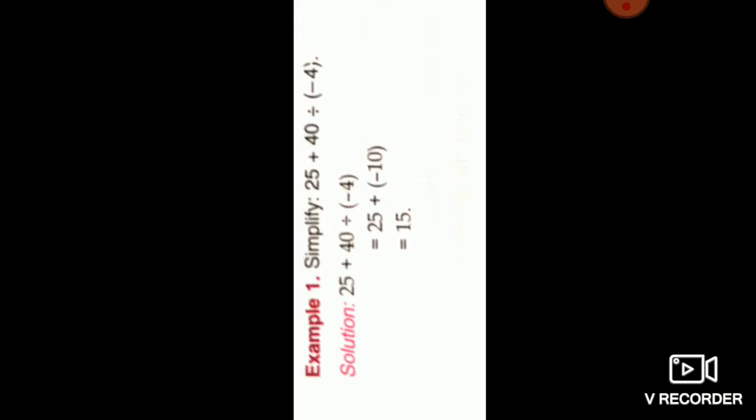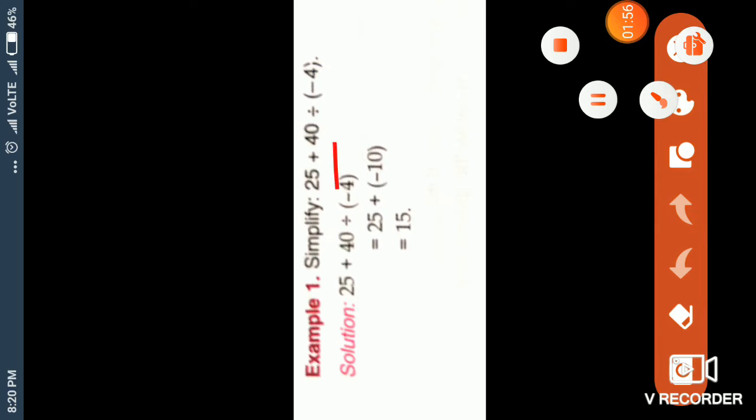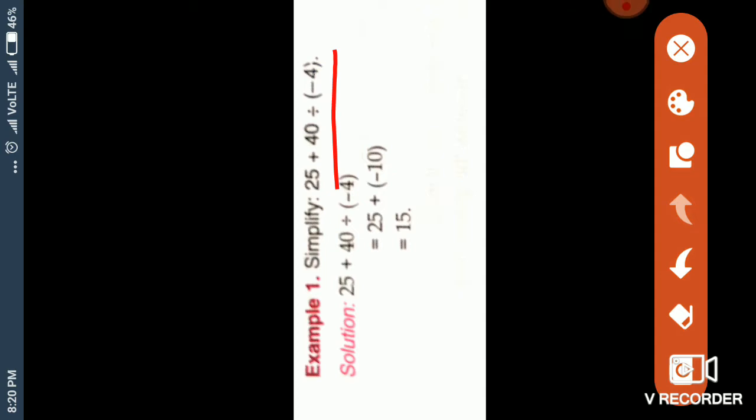You are seeing here 25 plus 40 divided by minus 4, and according to BODMAS, firstly we will remove the bracket, then 40 is divided by 4, that is 10, and because 4 is negative, the answer will also be negative.